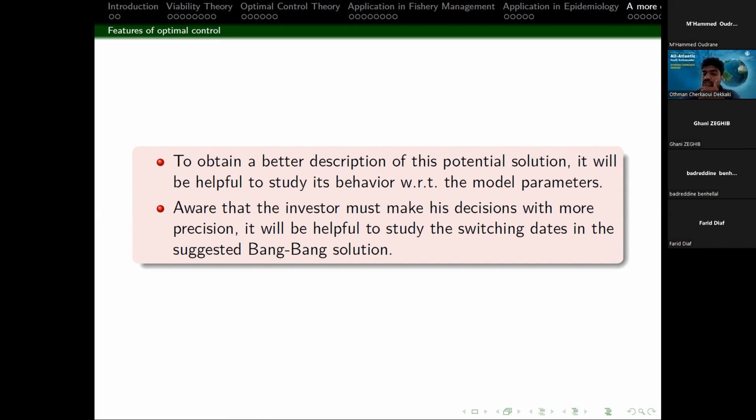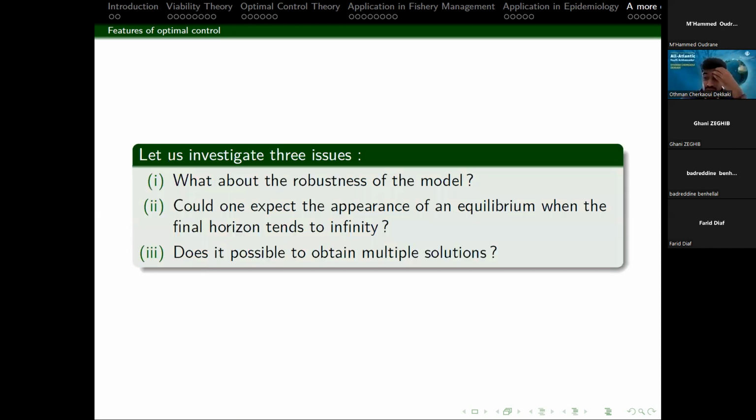So, to obtain a better description of this potential solution, it would be helpful to study the behavior of the model, and also to show you how the model works. By doing this, we will try to study the robustness of the model, meaning understanding which are the states and how much these trends are changing.